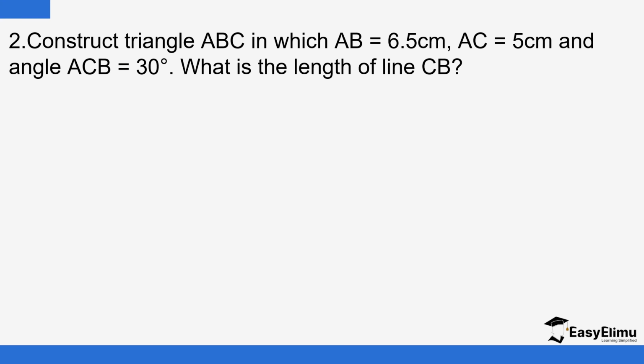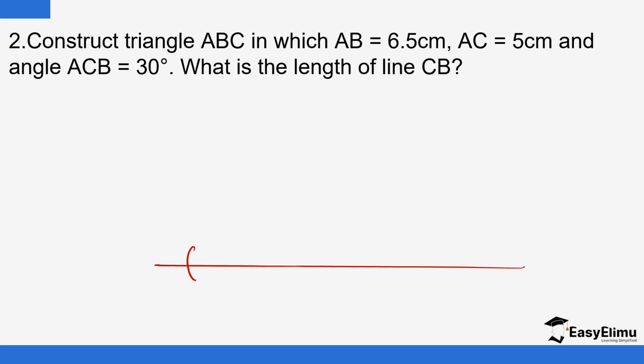So we have another one here: construct triangle ABC. You start with this and mark AB. AB now is 6 centimeters, so I measure 6 centimeters, using A as the center, to help me mark where B is.